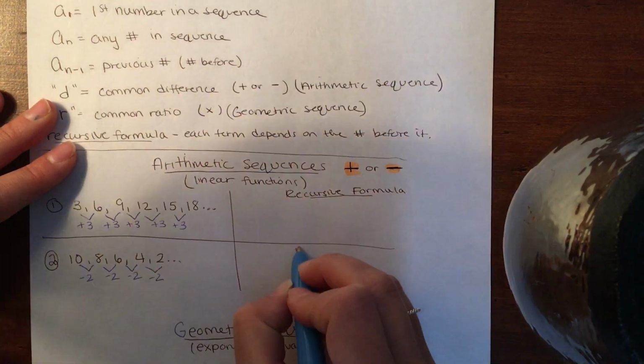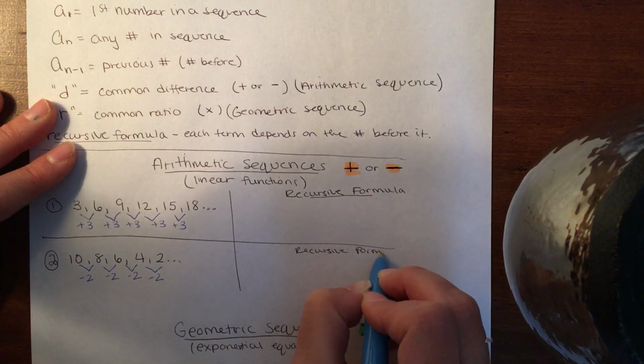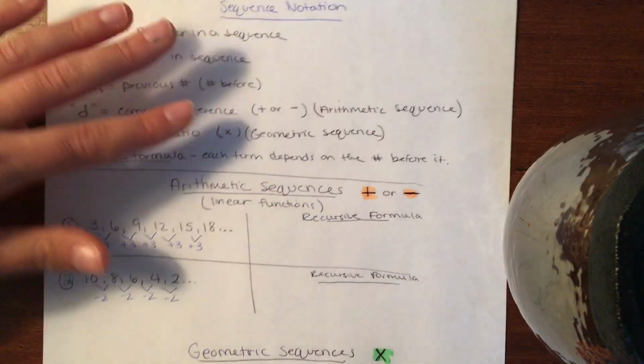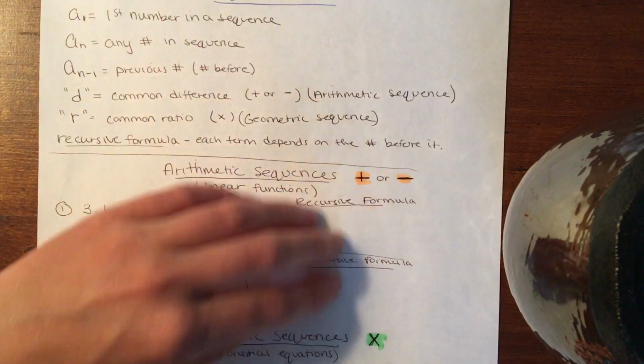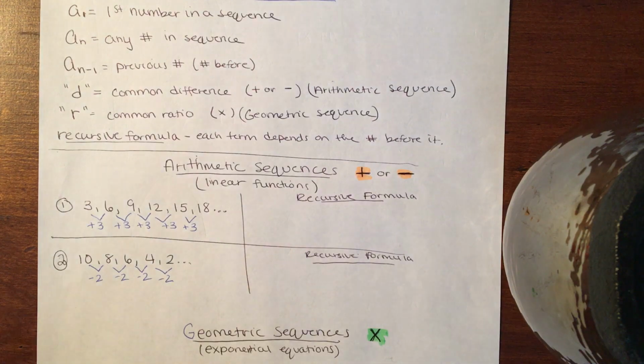This is going to be your recursive formula. Once you get the hang of it, we're going to use the sequence notation, and I'm going to try to teach you a trick on how to write recursive formulas. Once you get the hang of it, they really are quite simple.